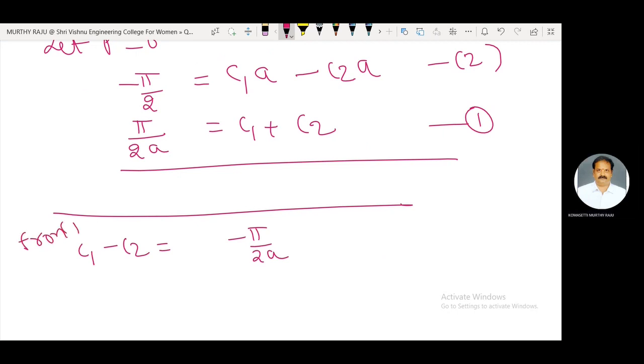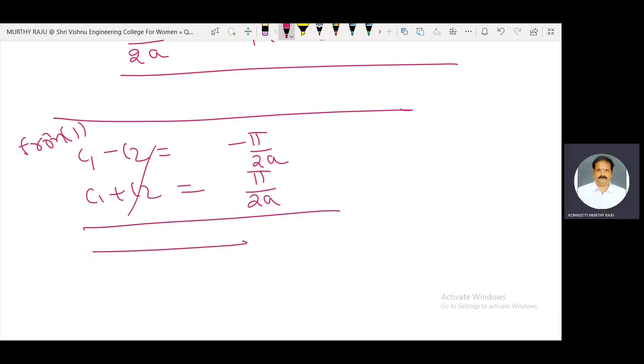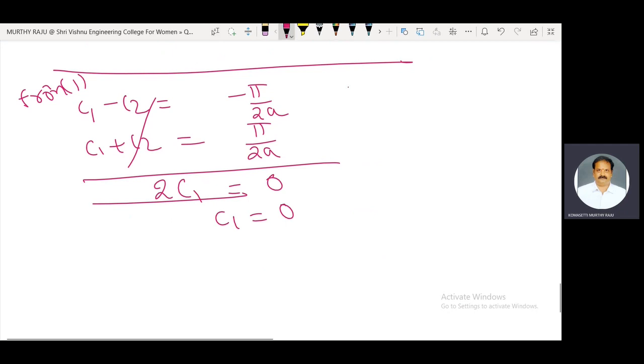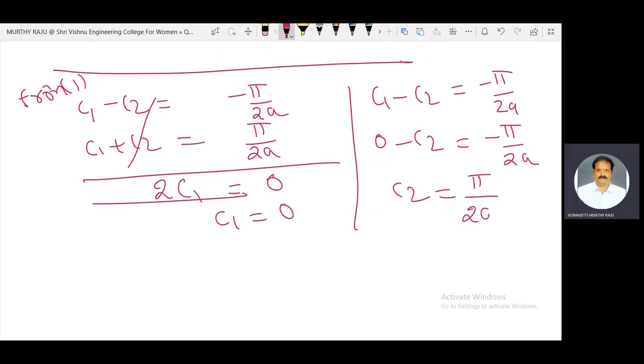Both are added, c2 cancels. 2c1 is equal to 0, so c1 is equal to 0. We know that c1 minus c2 is equal to minus pi by 2a. Substitute c1 is equal to 0 in that expression: c2 is equal to minus pi by 2a. Therefore, c2 is equal to pi by 2a.